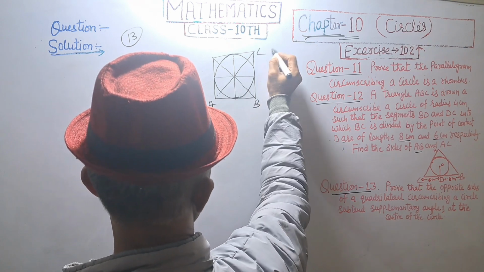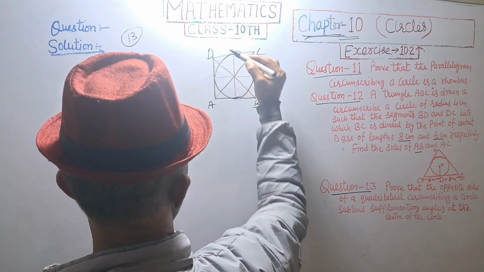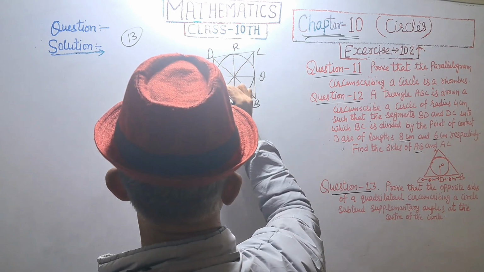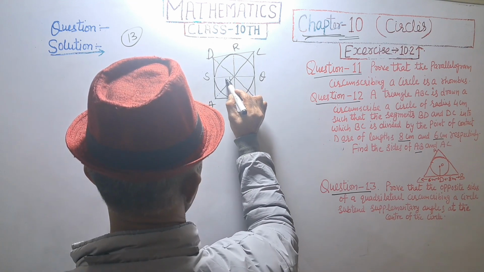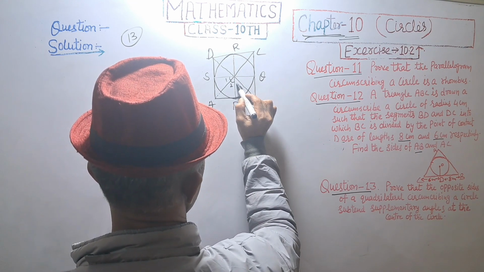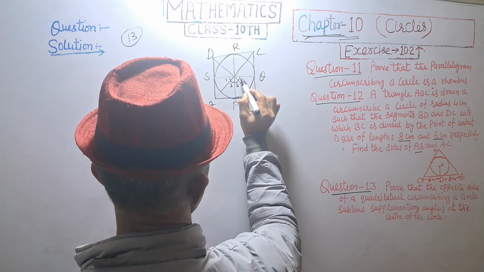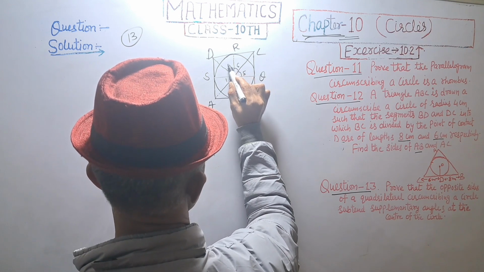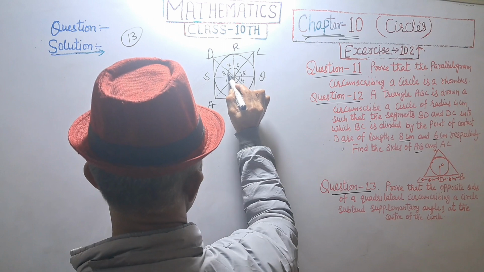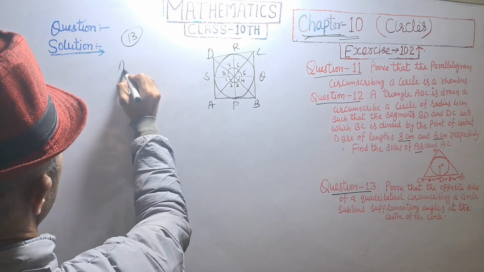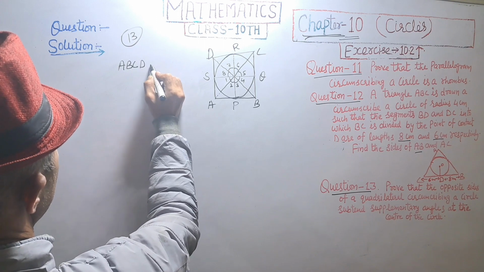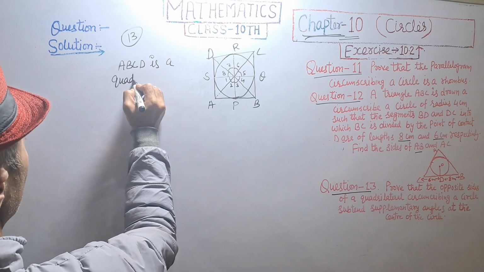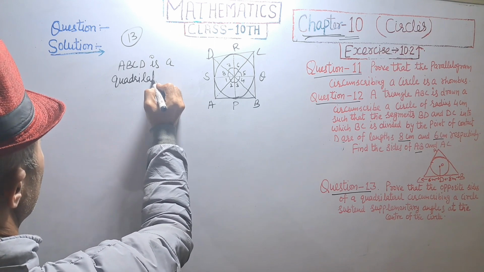A, B, C, D. P, Q, R, S. Angles 1, 2, 3, 4, 5, 6, 7, 8. ABCD is a quadrilateral.